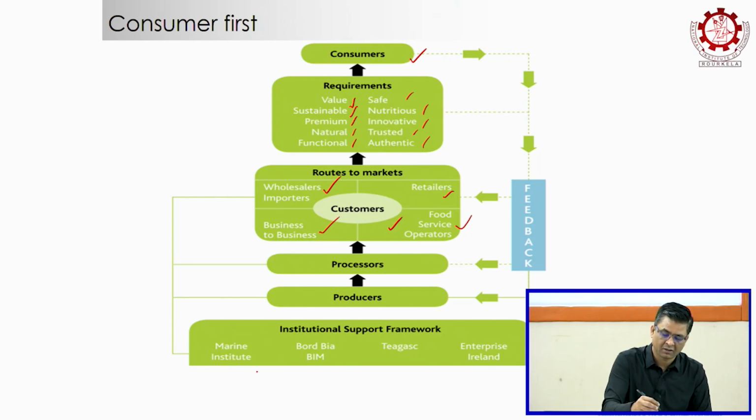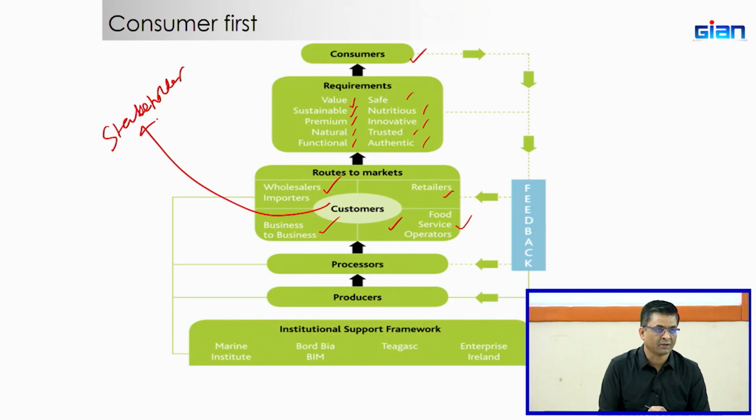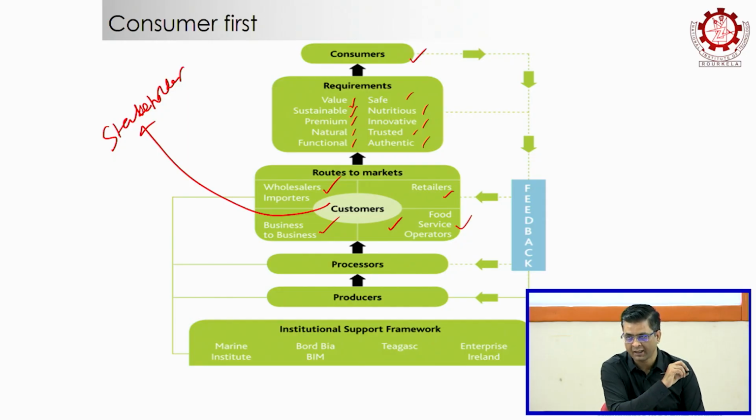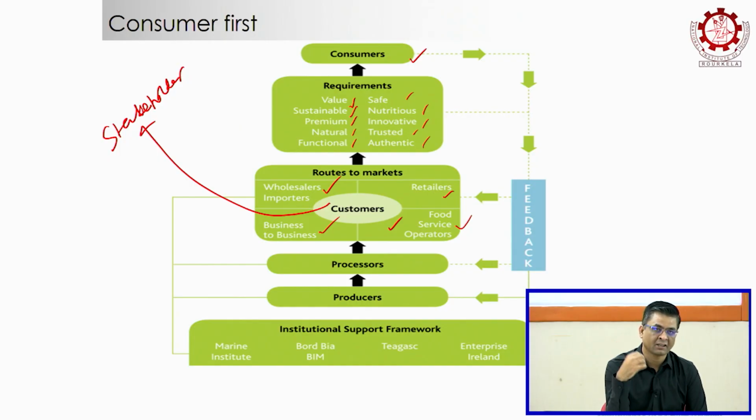So what do we need there? Who is the stakeholder here? Customer slash consumer, right. And consumer for a certain product, for example, if you take seafood itself, fish protein is an ingredient, and that ingredient is taken by another company, so that company becomes the consumer of that particular product.